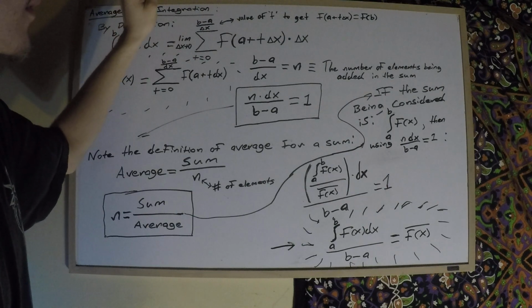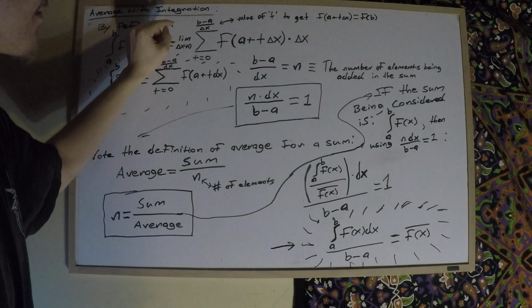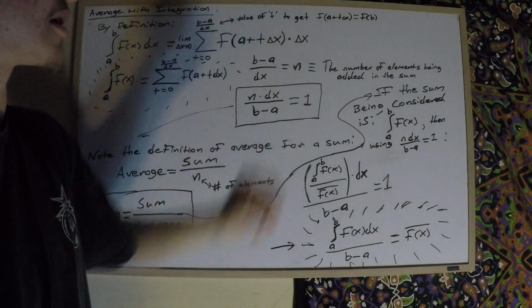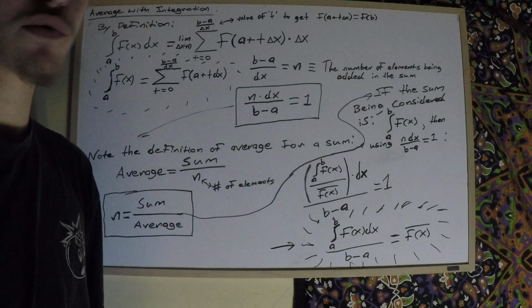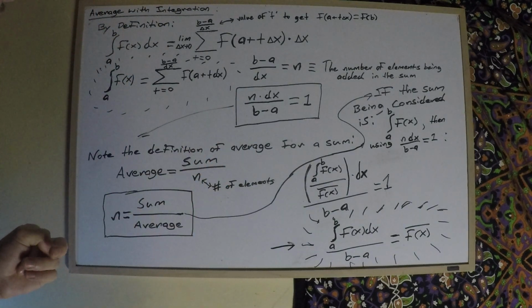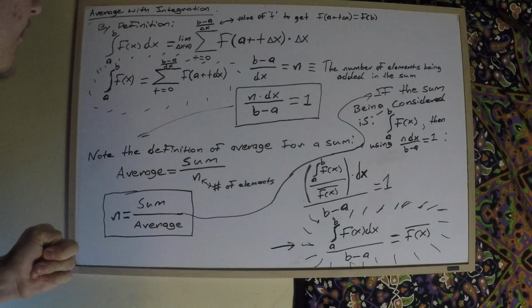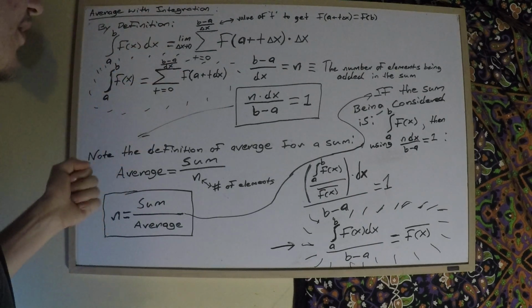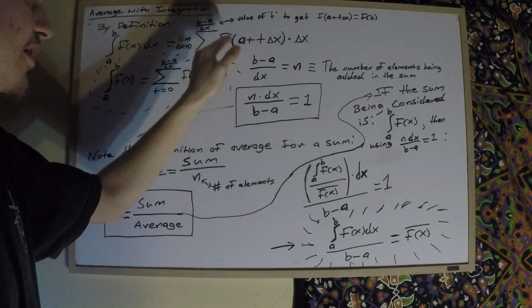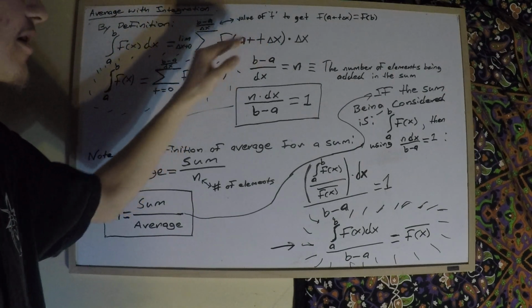So that is the value of t. You need to get a plus t times delta x to be equivalent to b. So that's also just the number of values in which you're going to be adding up in this series.